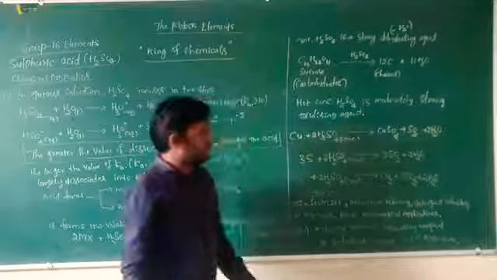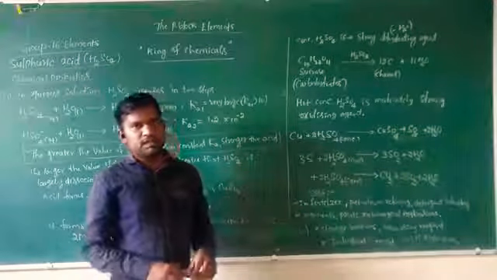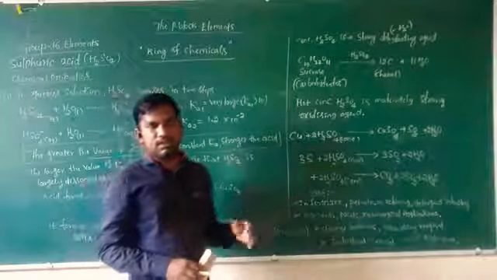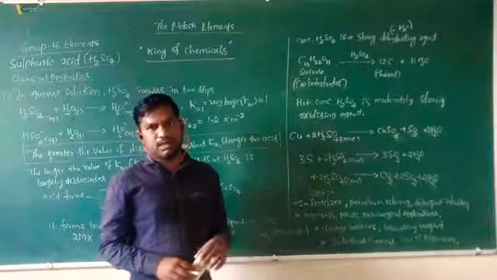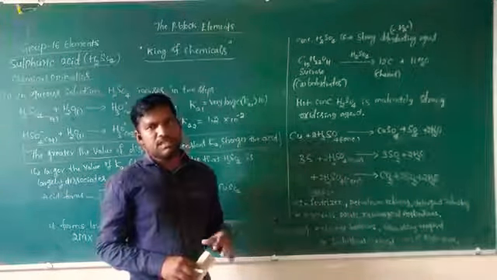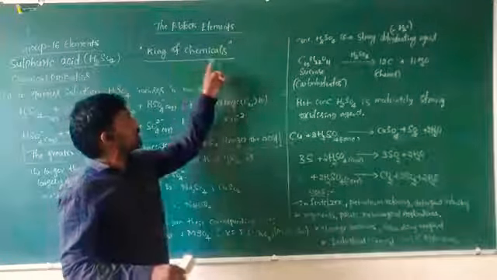Uses of sulfuric acid: it has many industrial chemical applications. It is used to prepare hundreds of compounds. So sulfuric acid is called the king of chemicals.